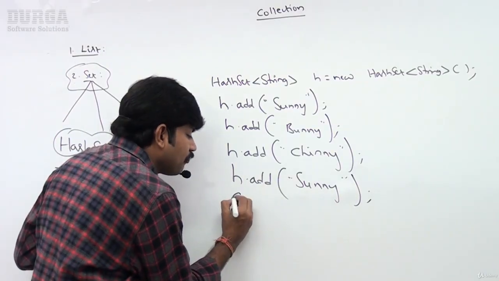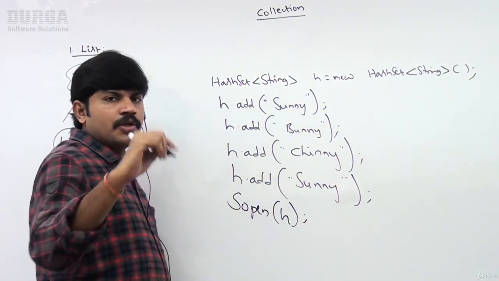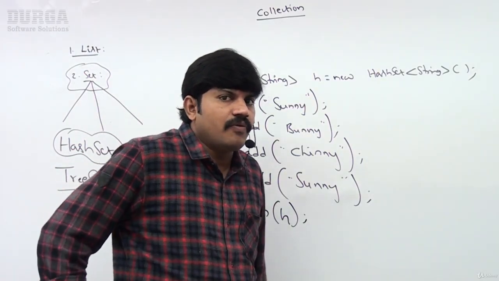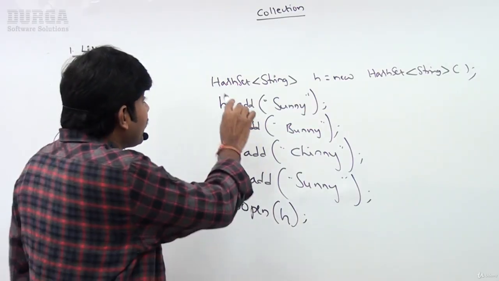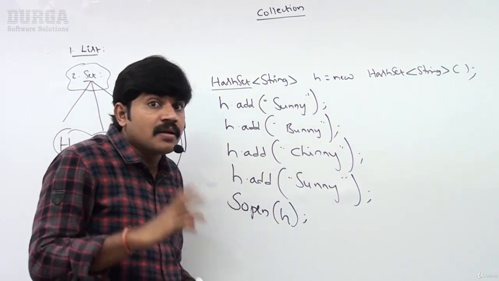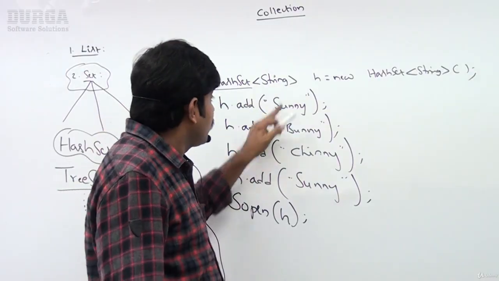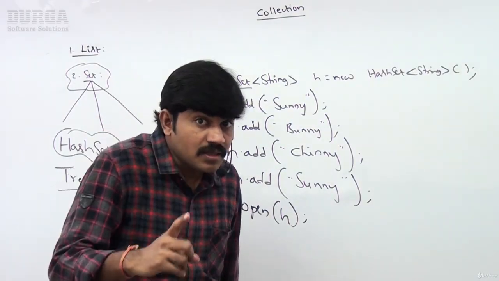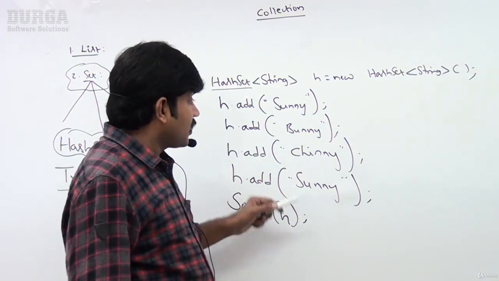Now let me print System.out.println(h), sir. If it is a list object, what output are you going to get? Sunny, Bunny, Chinny, Sunny. But this one is a set. Never worry about order. So in which order are we going to get the output? Sorry, we don't know that. Next, are duplicates allowed or not allowed? Duplicates are not allowed.